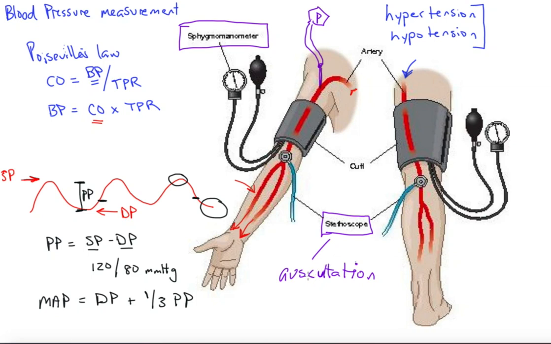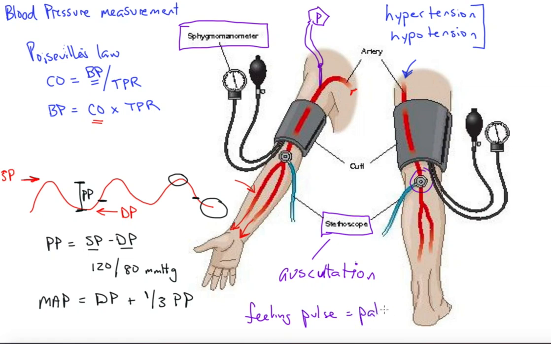And by the way, where we put the stethoscope, notice it's placed on the artery here, or as close to it. Well, you can't see the arteries from the skin surface, so we have to feel for them. And that feeling for the pulse is called palpation.